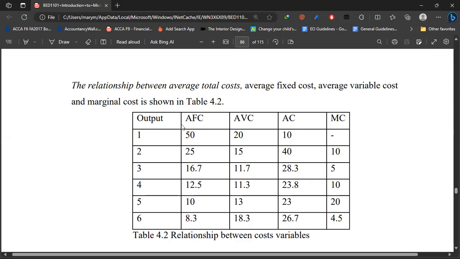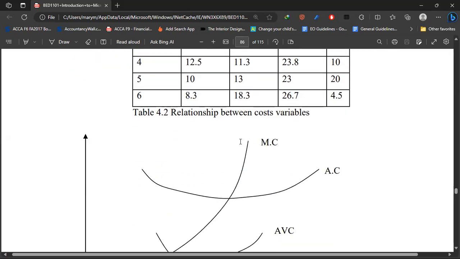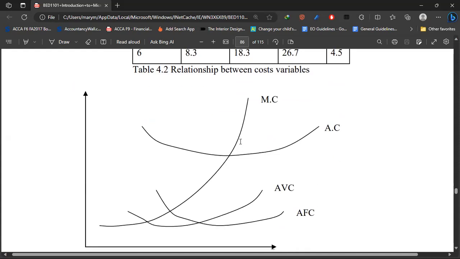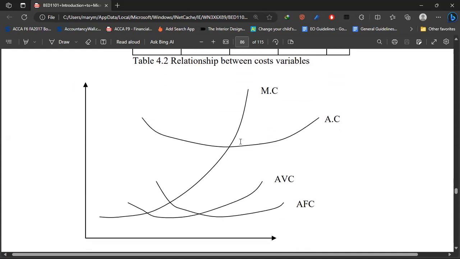Already you are being given the average fixed costs, average variable costs, the average costs and the marginal costs. In this case, you'll be able to see the examiner is just providing you with the relationship between these variable costs and what it entails when represented in a graph.